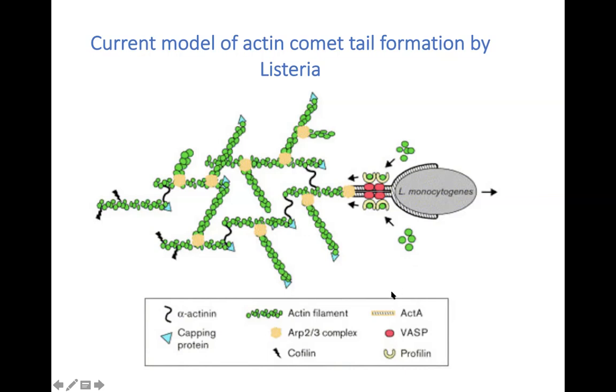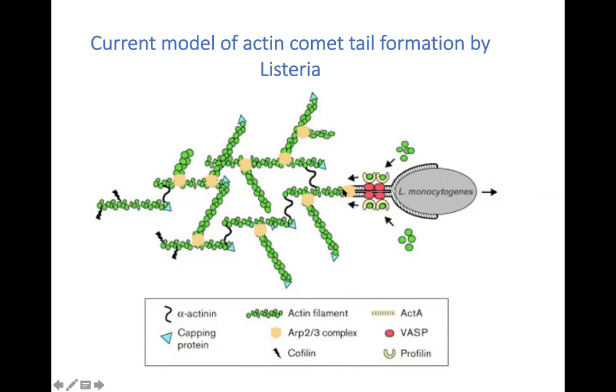Listeria expresses on its surface a bacterial protein, which has been named ActA. This protein, in turn, recruits profilin actin, we'll talk about in Unit 5, as well as this activator of Arp2/3, which is an actin nucleator. And that's essentially the motor to drive the comet tail.